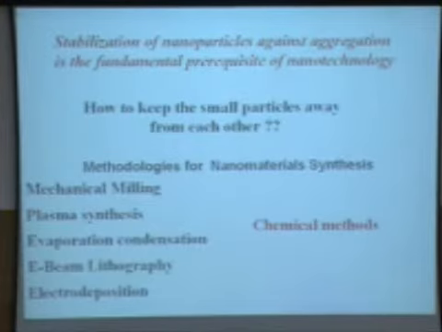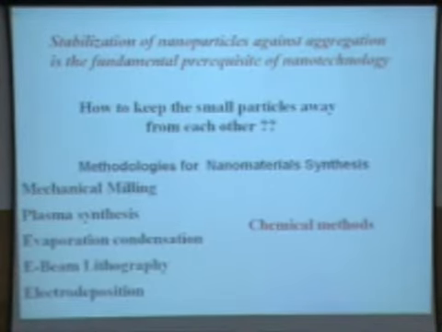But the idea is to tell you how, as chemists, you can control the size and shape of these particles. Normally, you make materials either by physical techniques like plasma synthesis or laser ablation or electron beam lithography, etc. What I would be discussing is chemical methods.